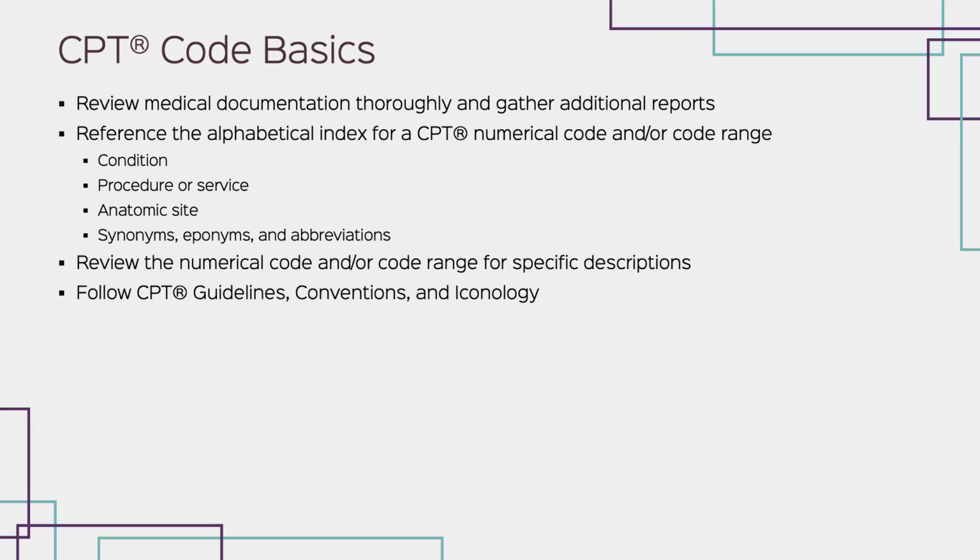You'll look at either your condition, the procedure that's being performed, the anatomic site, abbreviations, synonyms, and so on and so forth. Once you've identified your code, you want to review the code in the code set itself, review the code descriptions, and then all of your guidelines and instructions for reporting that code that will help represent the service provided.